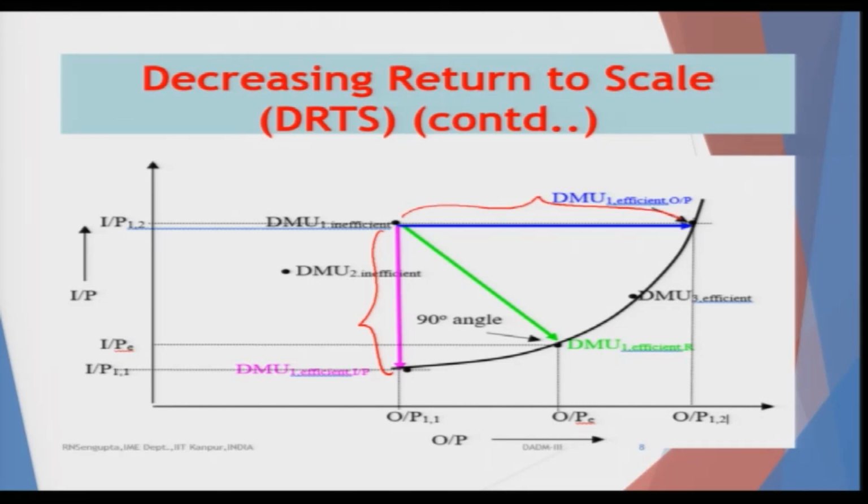That means you reach the efficient frontier by moving horizontally right, and if you move diagonally, you go in the direction where you reach the efficient frontier in the shortest possible way, at 90 degrees. Obviously, you will be combining the decrease of the input and the increase in the output in some way. So, the output will be increasing by this amount, I am using the same red color, please do not mind, and the input would be decreasing by this amount. So, you are decreasing the input and increasing the output.